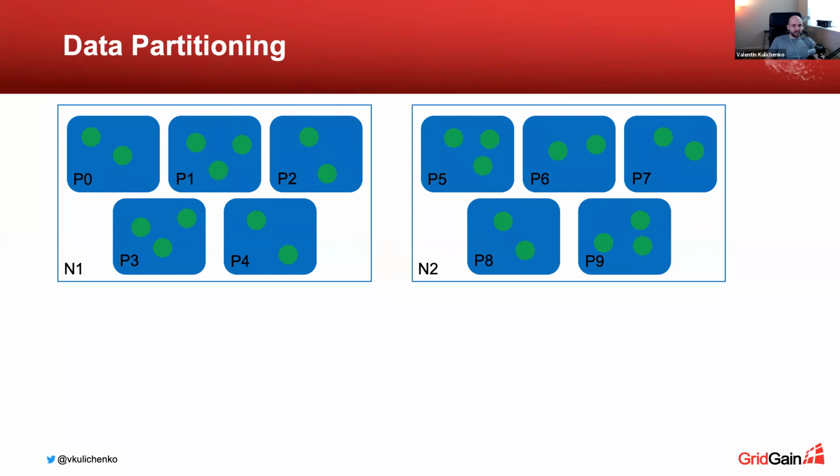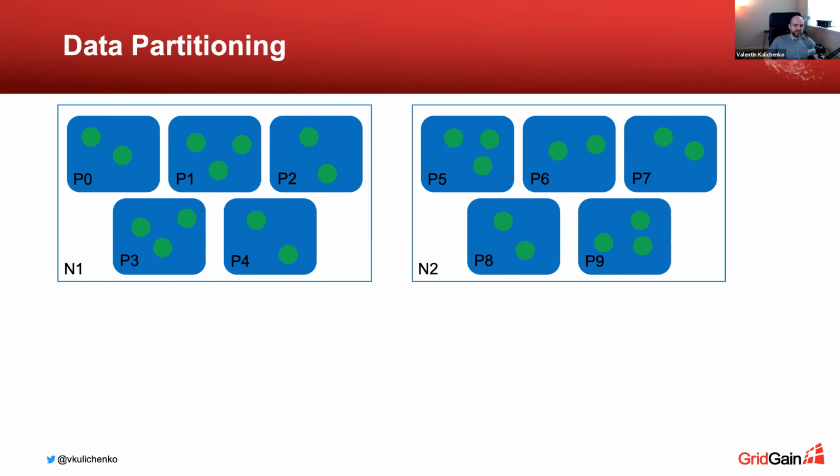And the number of partitions will never change. It will not depend on how many nodes we have, or how many keys we have, or even whether we have any data or not. This is the constant number of partitions that we have in the database.